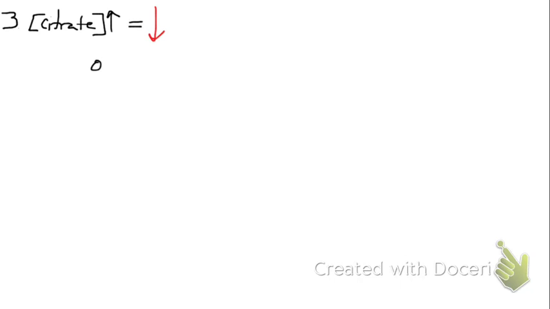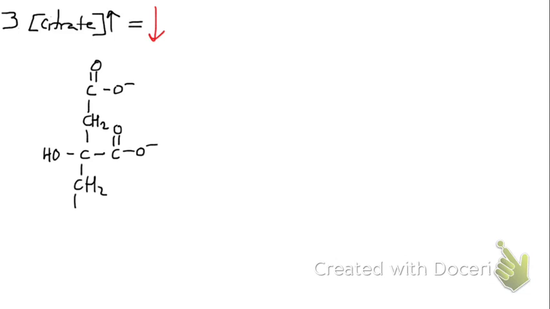So what is citrate? Here's citrate. We haven't covered the citric acid cycle yet, but when we do, you will see citrate again. Citrate is in the citric acid cycle.